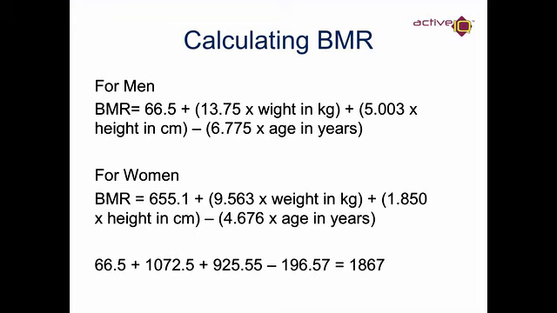However, if I go training, let's say I go on a really difficult run, and in that run I burn 300 calories, that means that my basal metabolic rate for that day is going up.